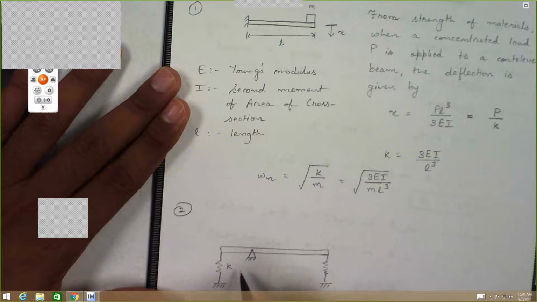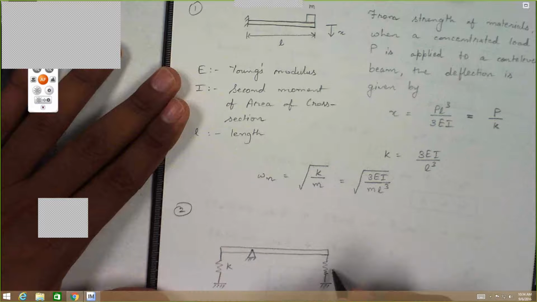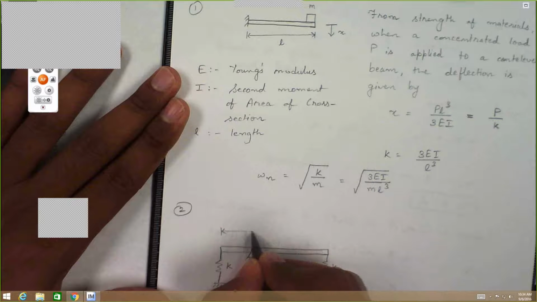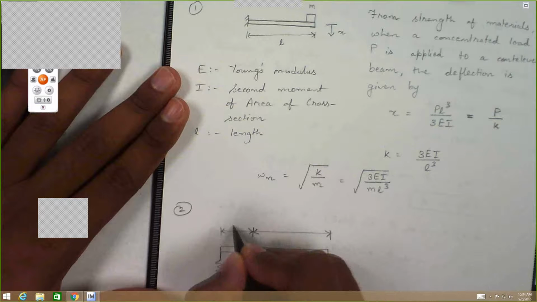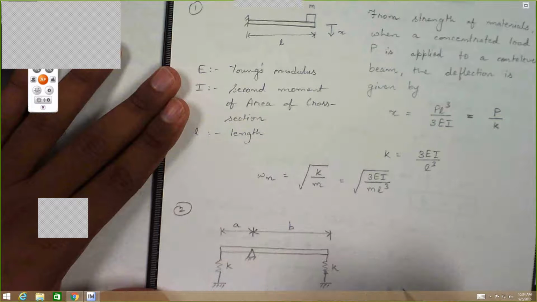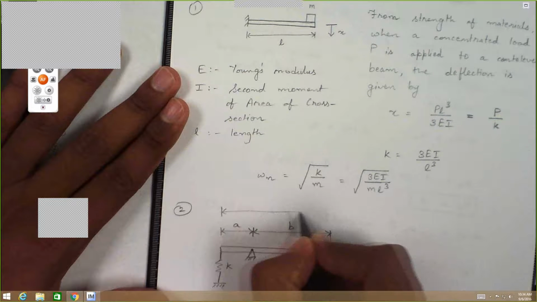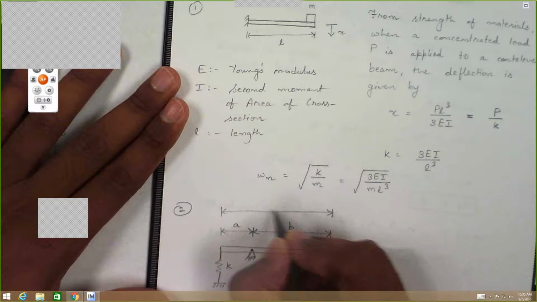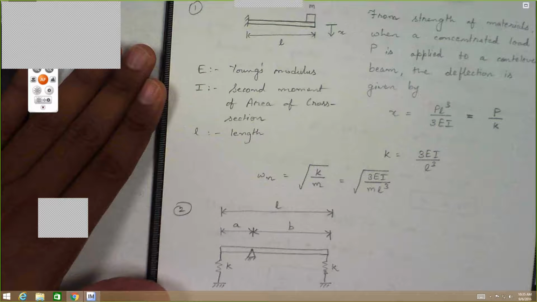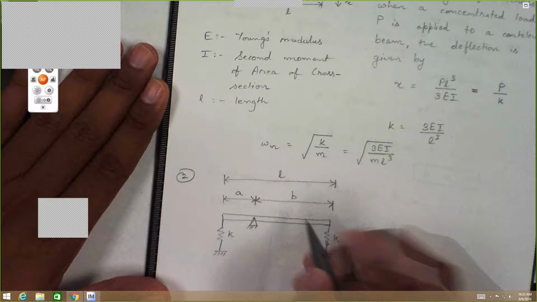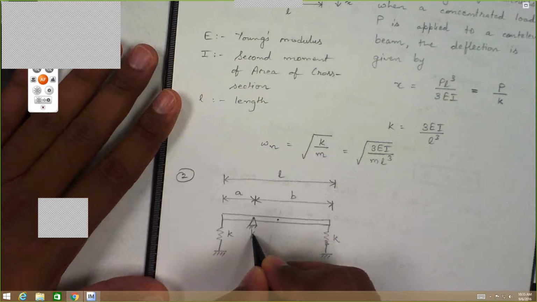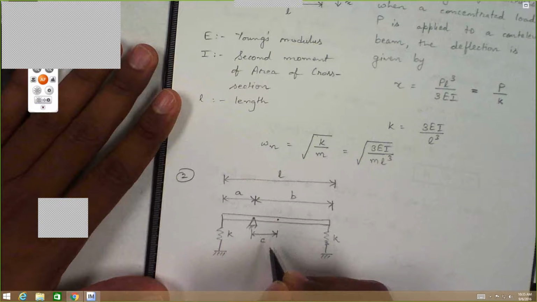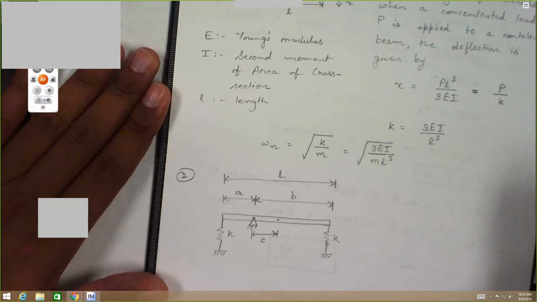Both spring constants are K, and this distance is A and this distance is B. Let's say the total length is L. And let's assume the center of the beam is here, and the simple support is at a distance C from the center of the beam.